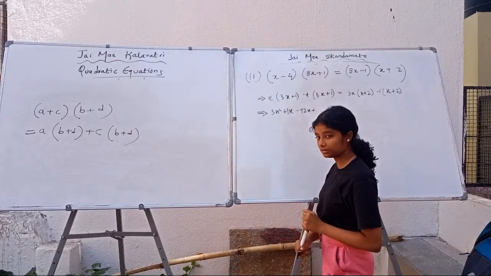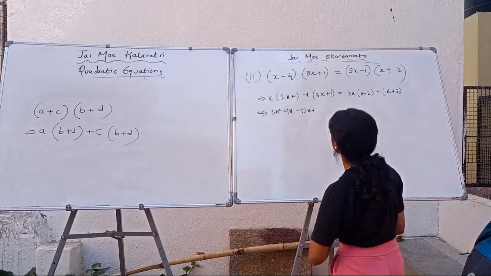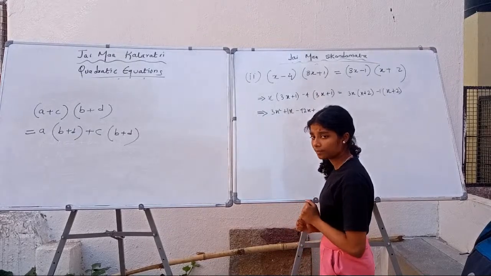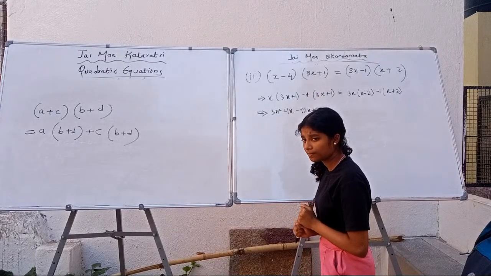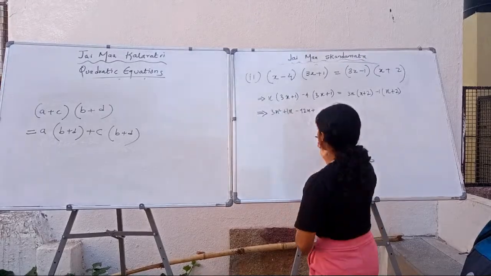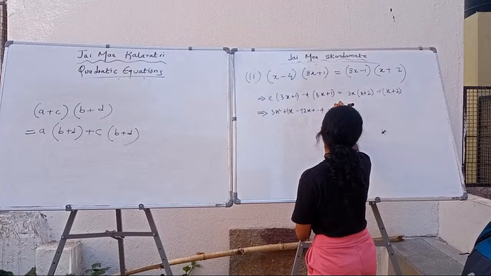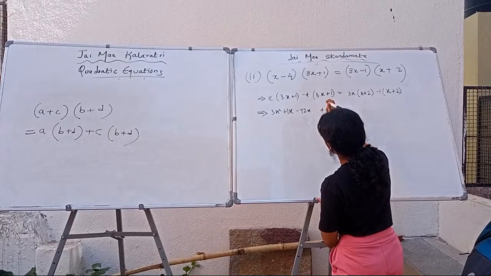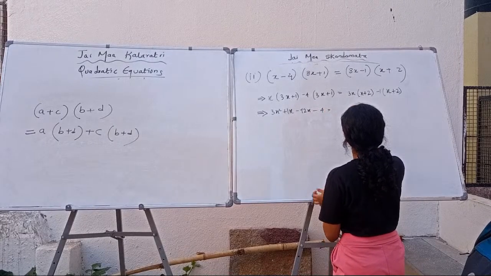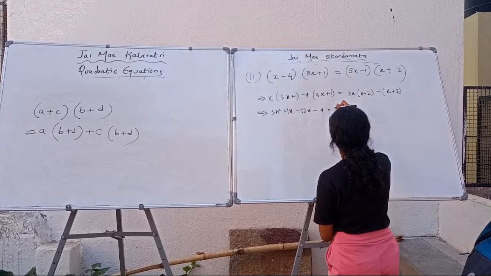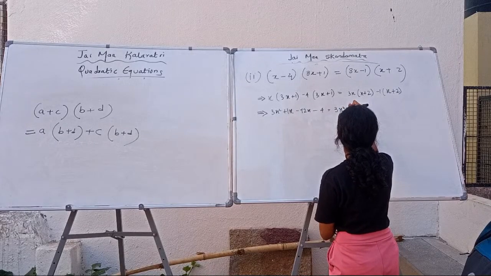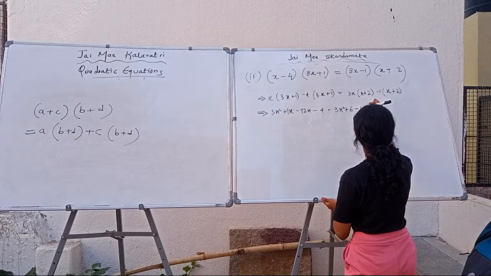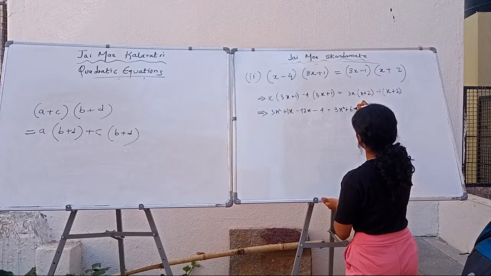You are multiplying minus 4 and there is 1 inside the bracket. Minus 4 into 1 is minus 4. You remove the plus after 12x. Okay, is equal to, continue. Plus 6x. 3x into 2, 6x.